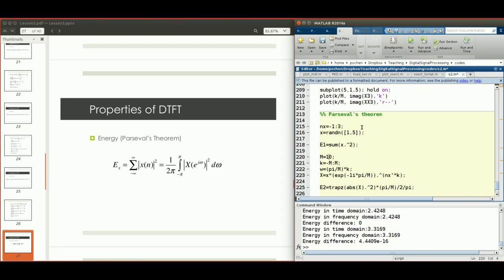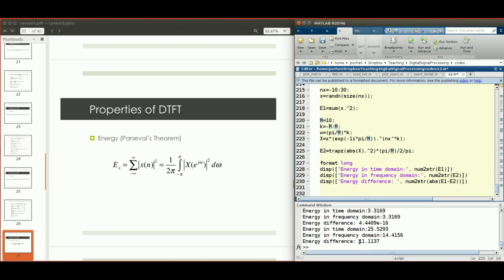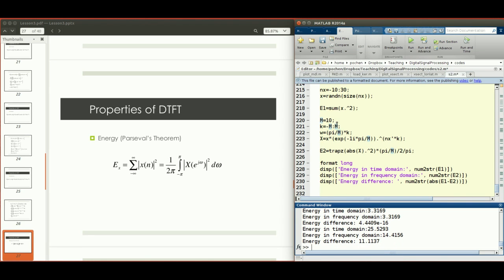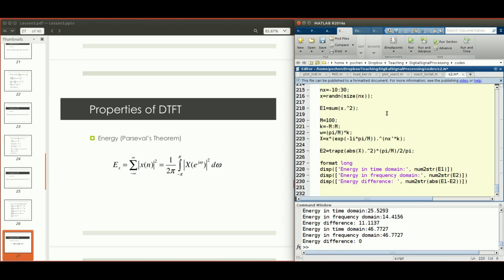It depends upon what kind of function it actually is. It depends upon this function. So suppose I give it more numbers, for example. Now the difference becomes quite large. But if you increase the number of samples in the frequency domain, then it's going to reduce it.